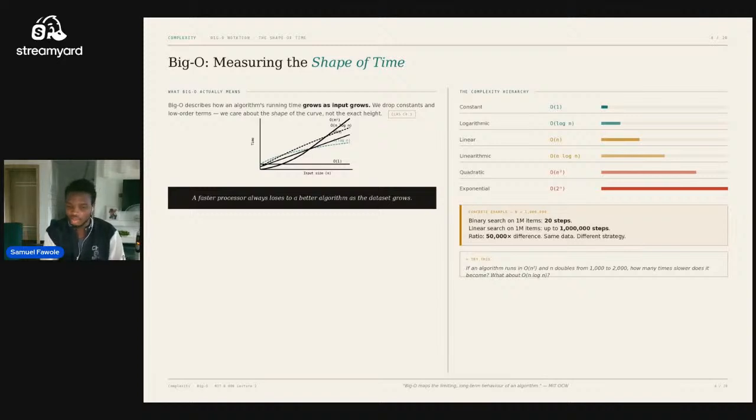So let's see this question. If an algorithm runs in O of n squared and n doubles from 1000 to 2000, how many times slower does it become? So this is quadratic. If it's at 1000, which means it is 1000 squared, that's a million.